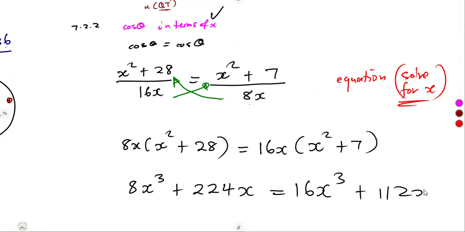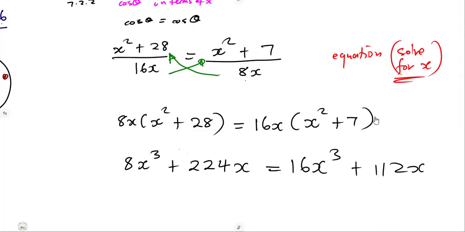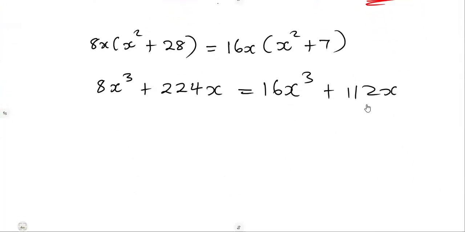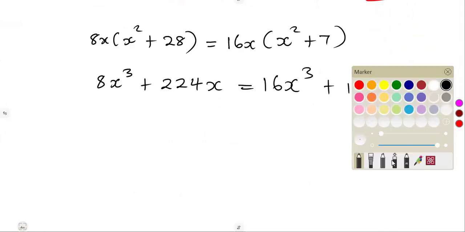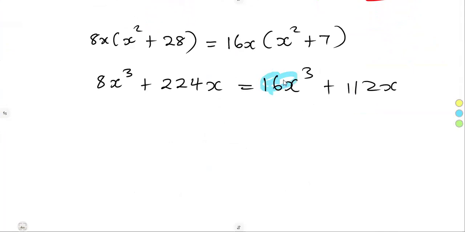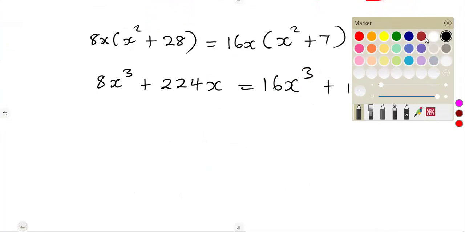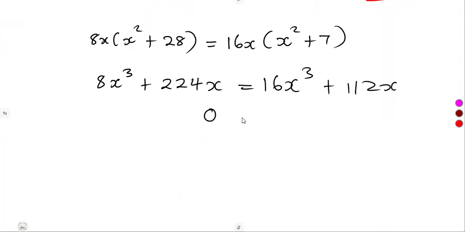So that is what you're going to have. And as we can see, there are like terms in terms of the x cubed. So we can just ignore the other side and let it be equal to 0. So take this one to the other side. It was going to be a negative.